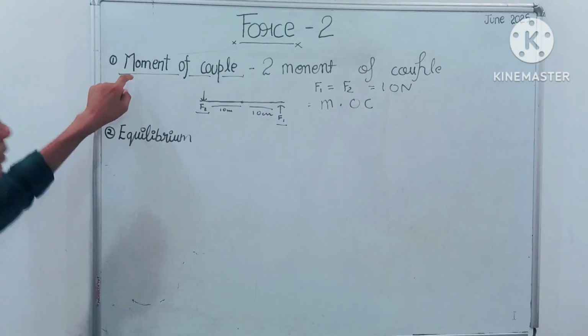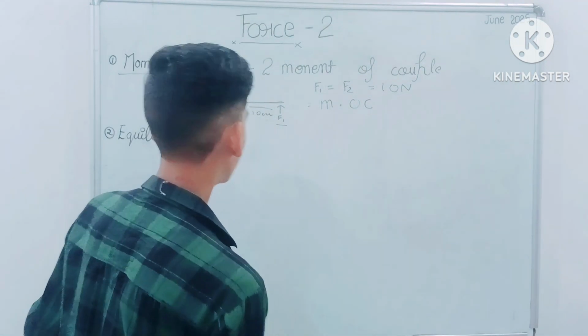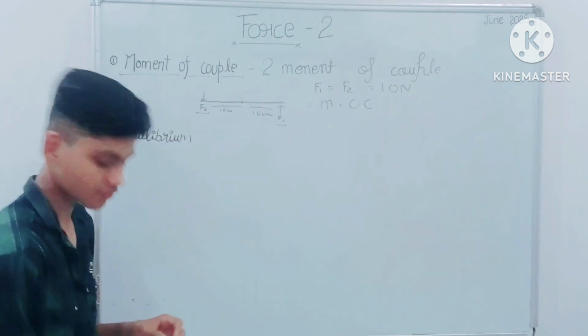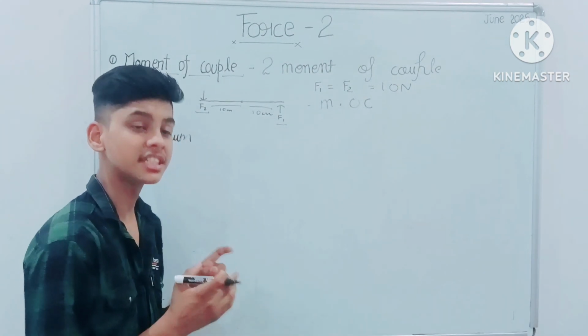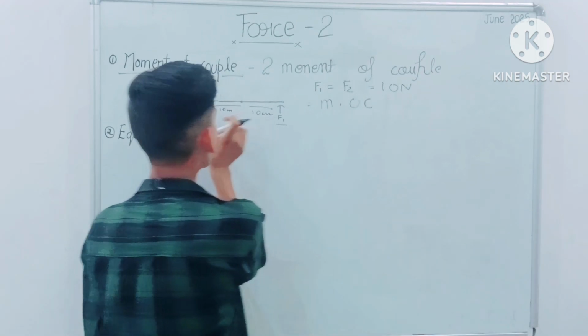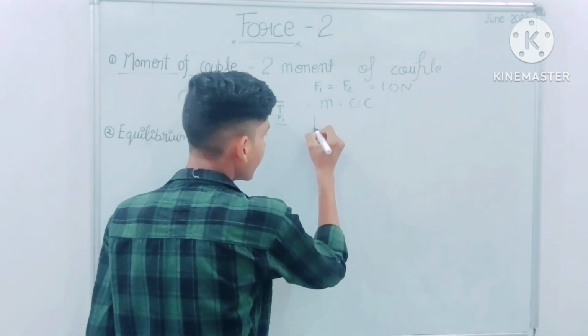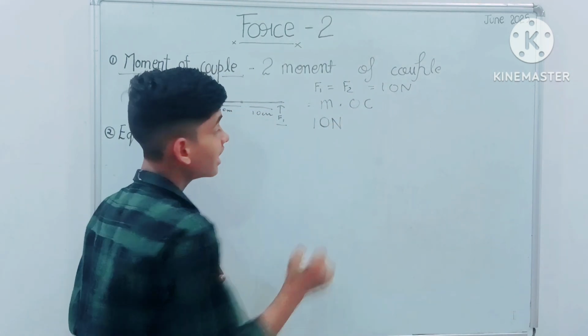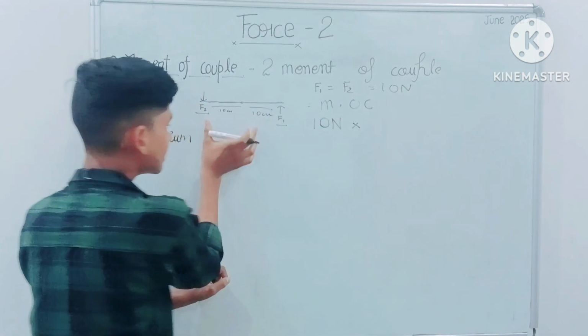So how will we find the moment of couple? There is a formula for moment of couple that you can see here, which is force into distance between forces. How much force do we have? 10 Newton, into the distance between forces.